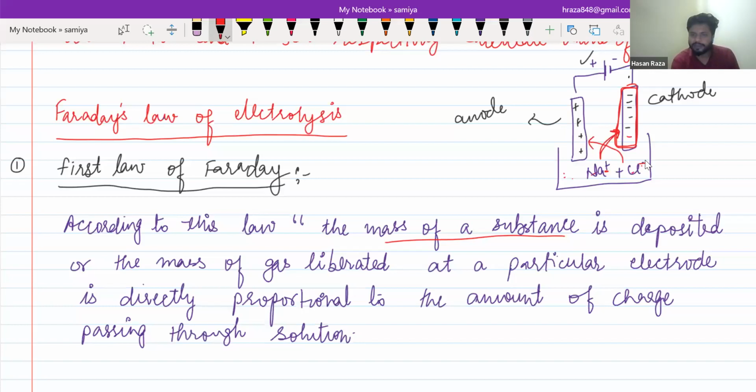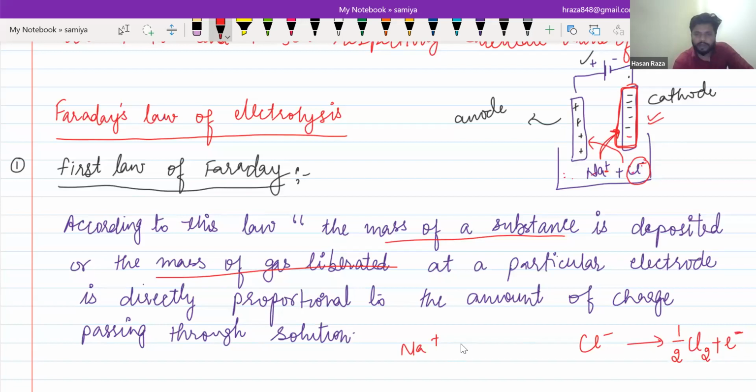Now see the next definition, the mass of gas liberated. Since chlorine is a gas, since chlorine is a non-metal, chlorine will go to the positively charged electrode and it will lose its one electron and be converted into half Cl2. In this container there will be oxidation as well as reduction. Na plus will go to the negatively charged electrode, cathode, which has more electrons.